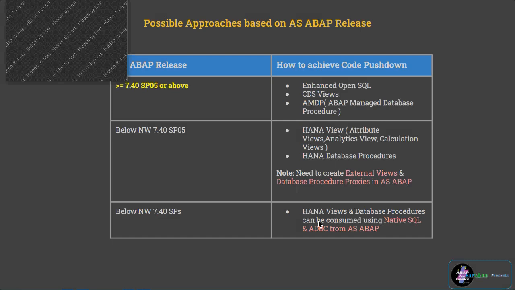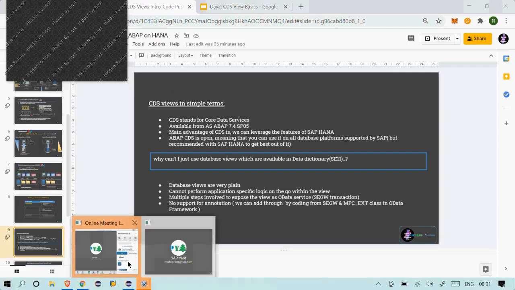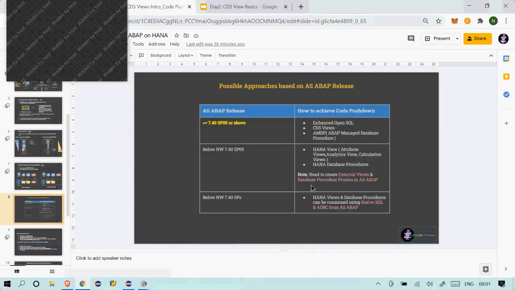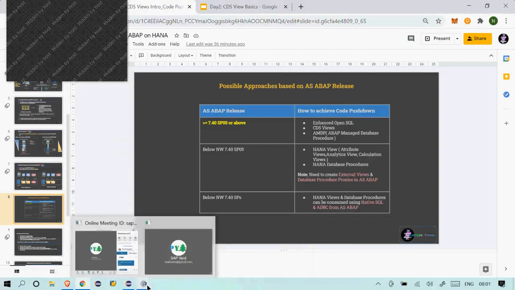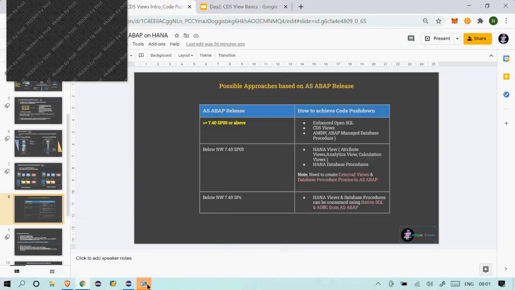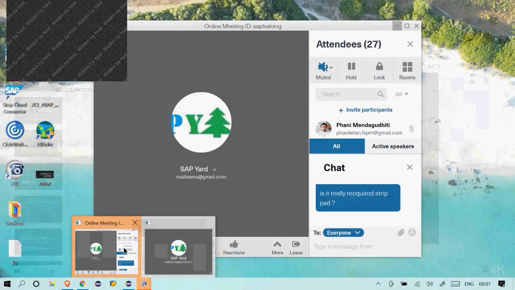So how do we write native SQL in ABAP? Can anyone give a guess? Usually we write ABAP OpenSQL, right? There are two ways.